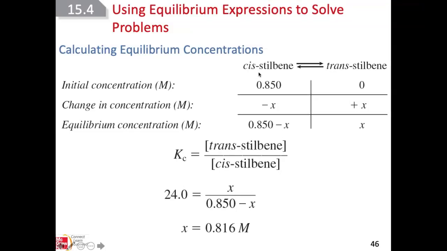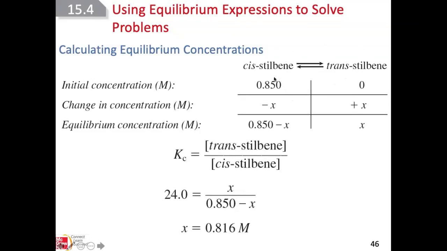Let's say the initial concentration of the reactant is 0.85. At the beginning, we don't have a product, so the initial concentration of the product is 0. Since we have no product, we know the reaction has to go from left to right to make product.